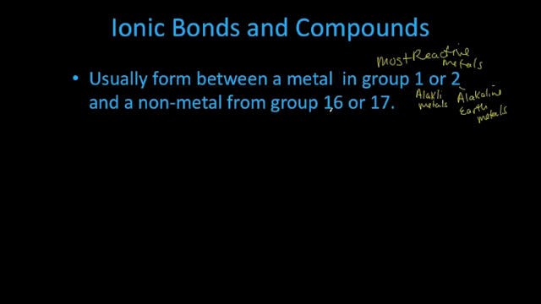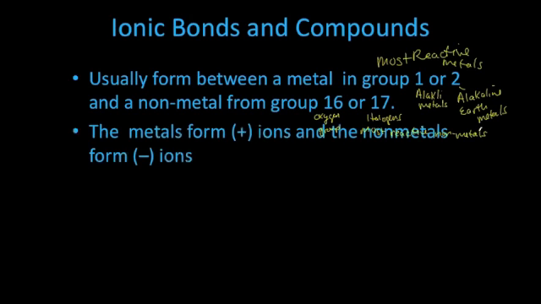Group 16 is the oxygen group, and group 17 are called the halogens, and they are the most reactive nonmetals. The metals form positive ions, and the nonmetals form negative ions. I've mentioned that a couple times already.